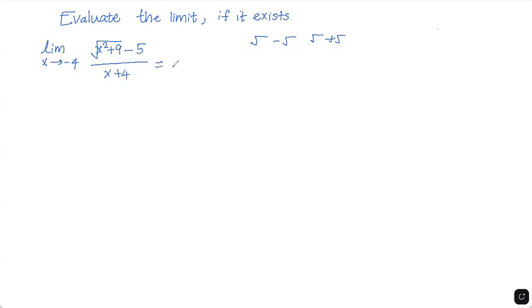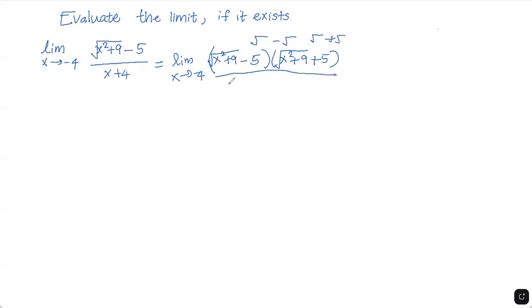Here you can write this one as limit x goes to -4 of square root of x square plus 9 minus 5. So you can multiply this term by square root of x square plus 9 plus 5 to get the difference of two squares. So I multiply my numerator by something.